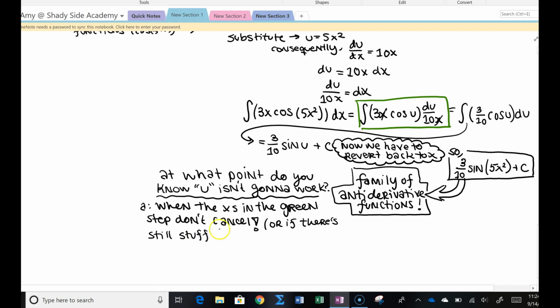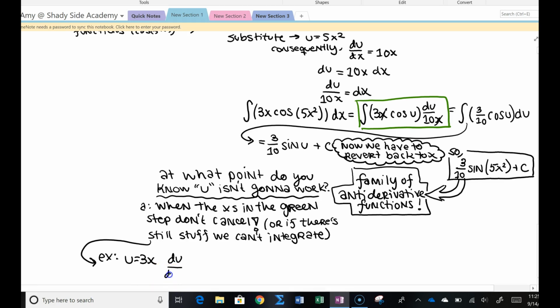Yeah. u cosine of 5x squared du. Nothing's going to cancel. Right away, this should raise alarm bells, because the only variable appearing in your integrand should be u.